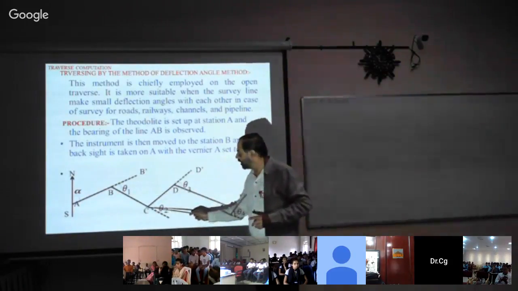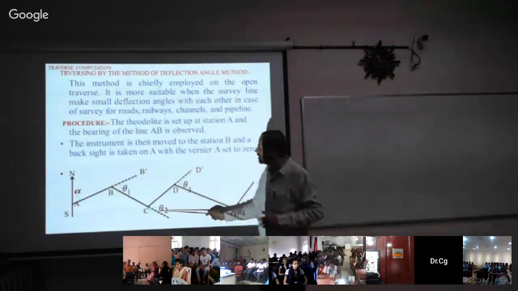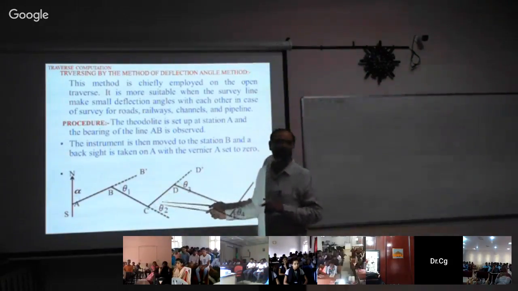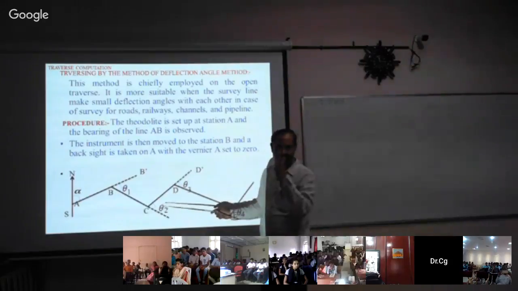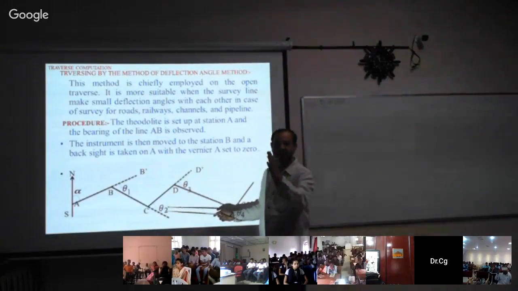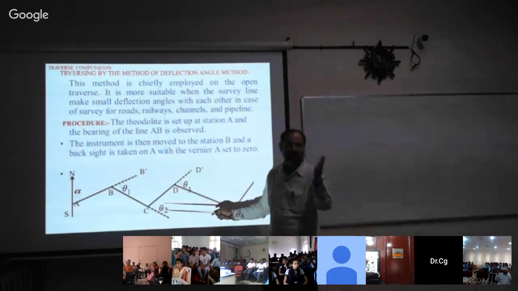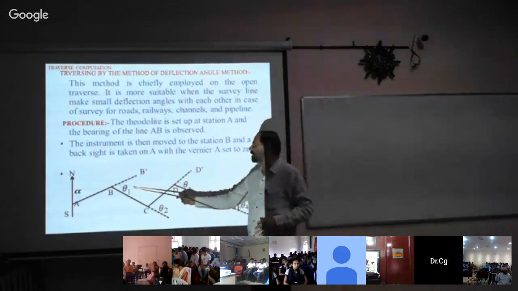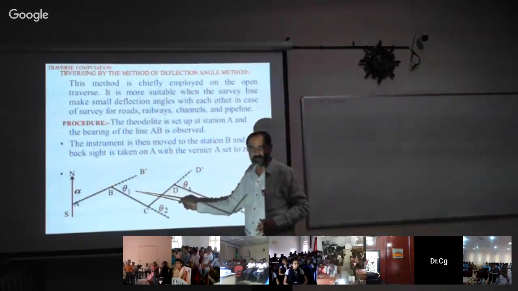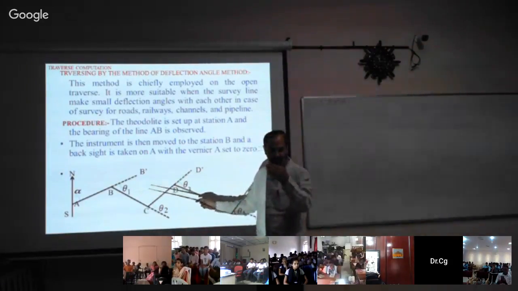Similarly, if we come to the second point, this is theta L, because the path changes from the straight line to the right or to the left. Depending upon the path direction, we designate theta 1 R, which means the path changes to the right side.